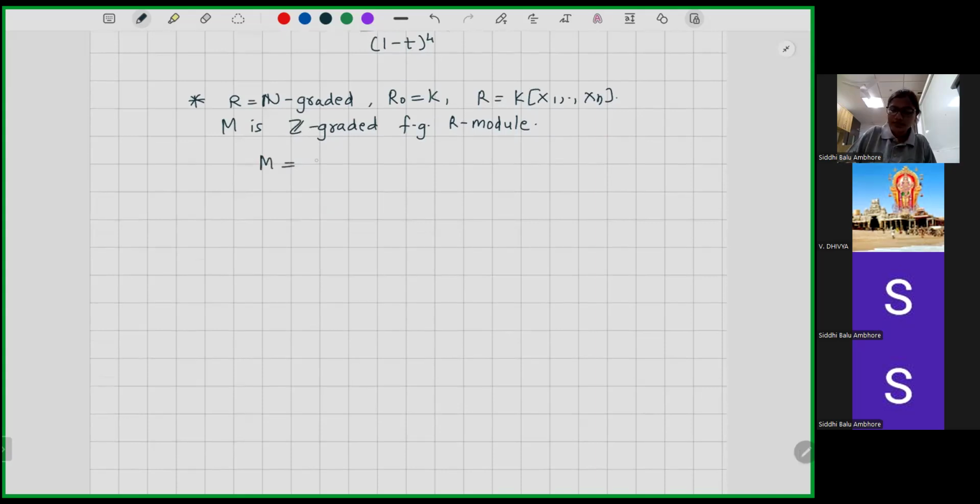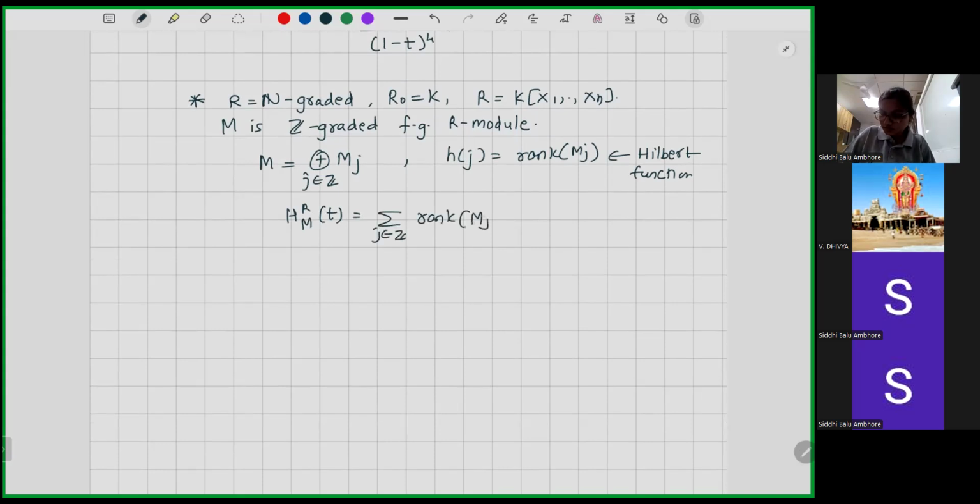Then M is the direct sum of M_j, j in Z, and this gives my Hilbert function H_j. By definition, H_M(T) is just the summation over j of the rank of M_j times T to the power j.